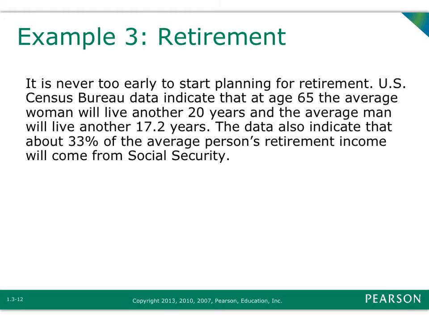The next question: is it ever too early to start planning for retirement? The U.S. Census Bureau data indicates that at the age of 65, the average woman will live another 20 years, and the average man will live another 17.2 years. The data also indicates that about 33% of the average person's retirement income will come from Social Security.